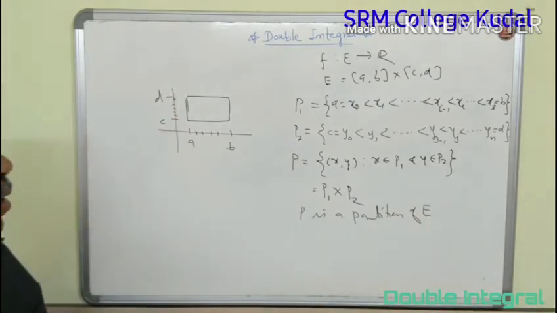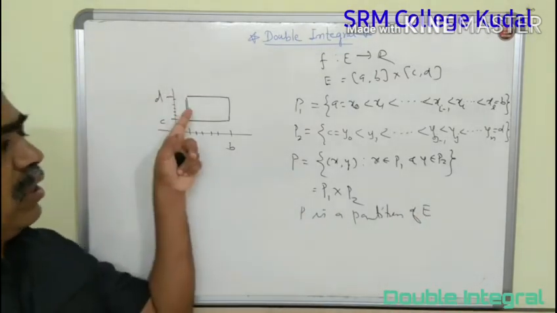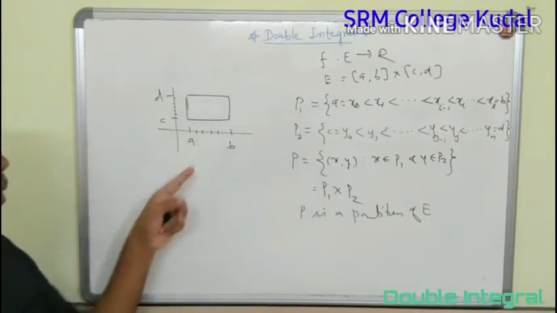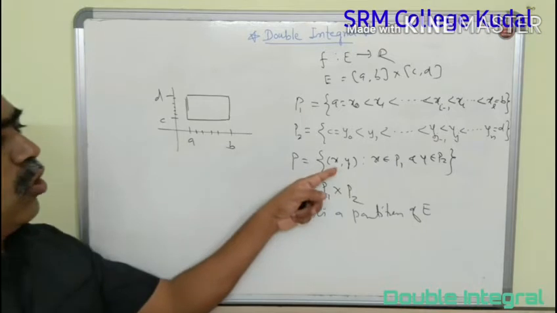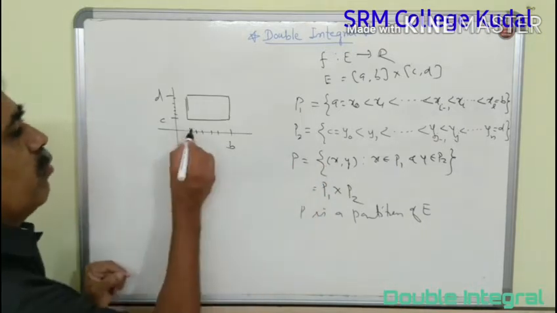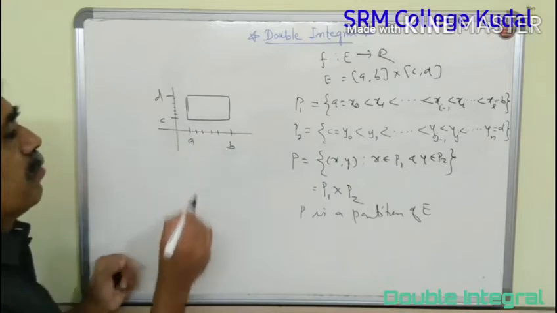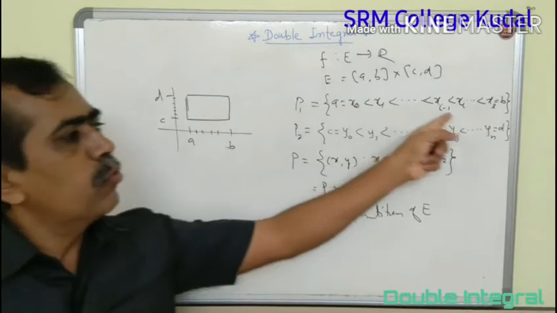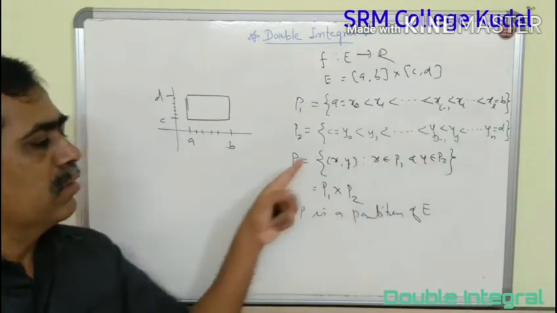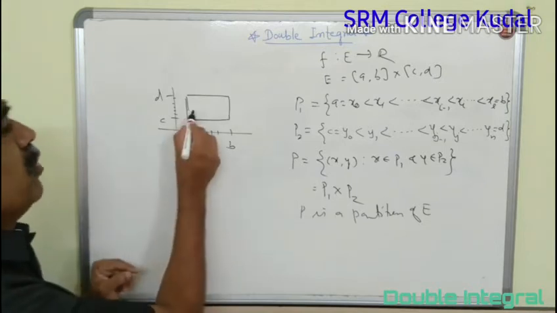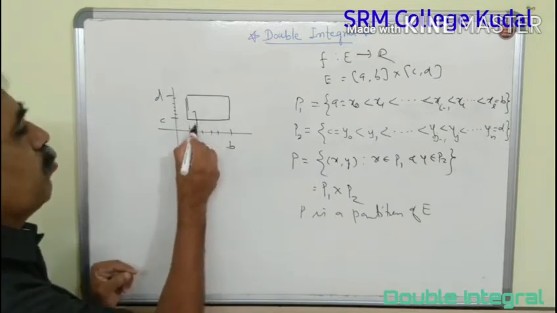Now how can we partition E? This partition of E can be done by drawing lines through the points of P. If we consider the points of AB and CD, these points xi's and yj's, then the ordered pair (x,y) will be any point here, so that may be a point like this.